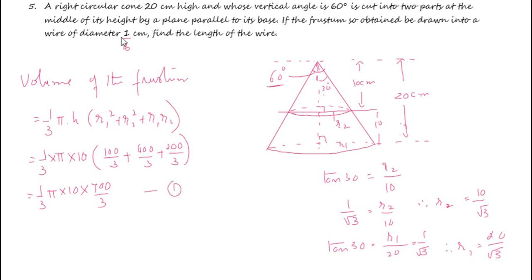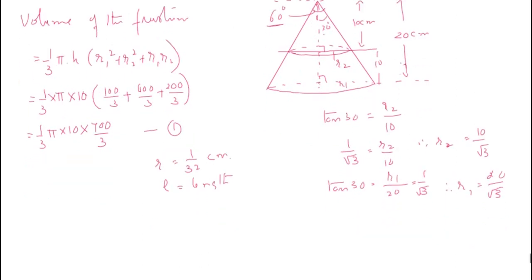Now diameter of the wire is 1 by 16. If the diameter is 1 by 16, the radius r equal to 1 by 32 centimeter. If L is the length of the wire, then volume of the wire is always of cylindrical shape.